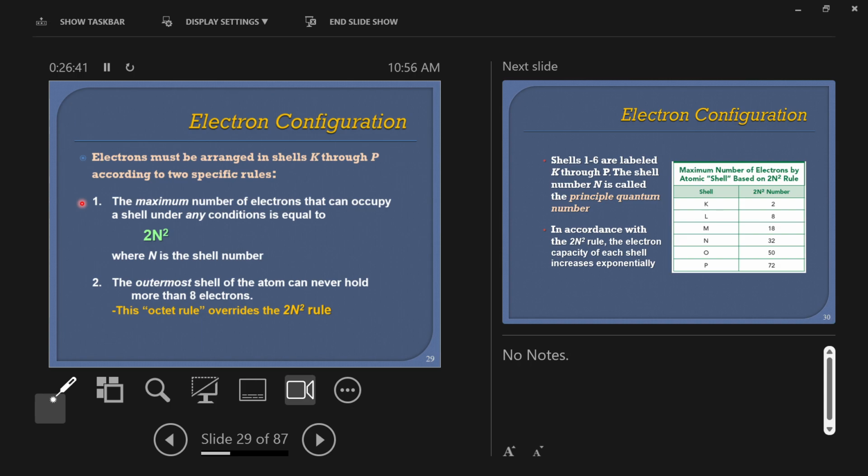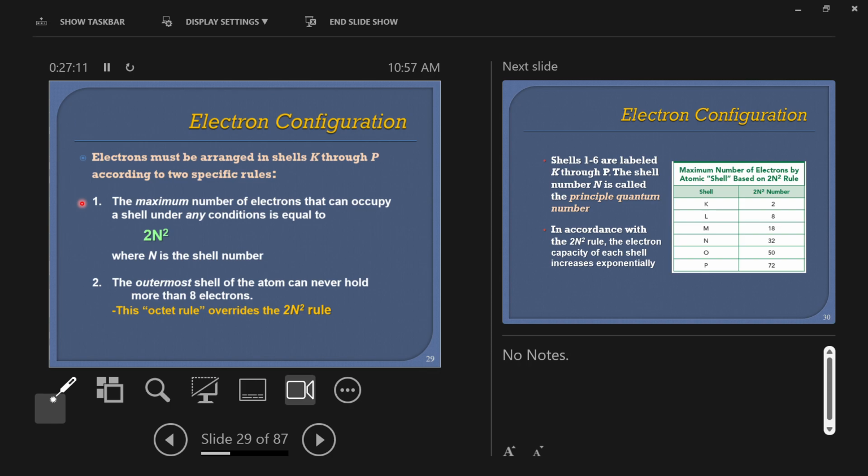Using the octet rule, how many can the outer shell hold and be happy? 8. Okay. And how many do we have to account for? 8. Okay. Meaning that neon's outer shell will have 8 electrons. The octet rule is satisfied. The atom will not seek out a chemical bond because it has a full outer shell.